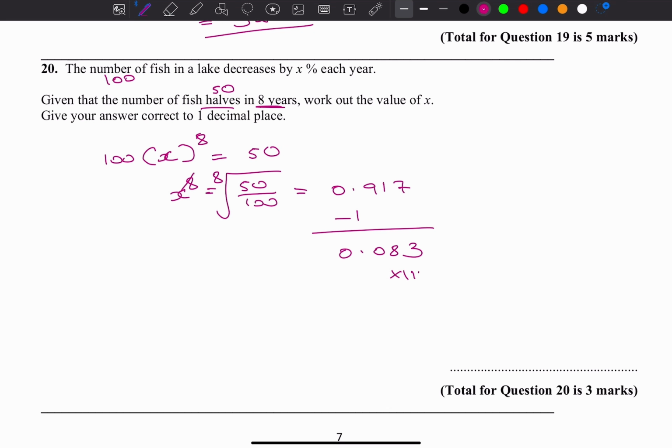And times it by 100. How many percentage is it? 8.3 percent. I know it's a negative answer, but it doesn't really matter. It's fine. Because it's a decrease, isn't it? That's why it's giving a negative answer.